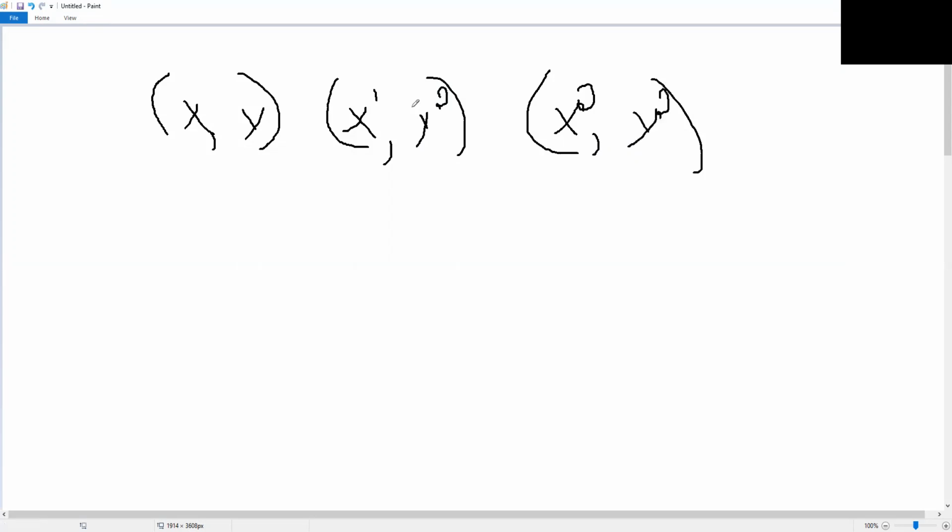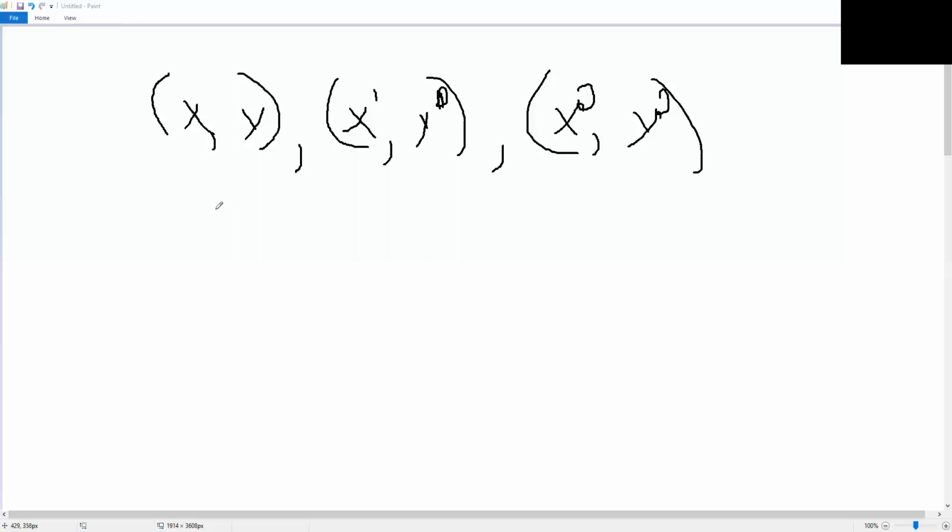So just a list of ordered pairs like this can be a function. For a list of ordered pairs, let's say these pairs here.